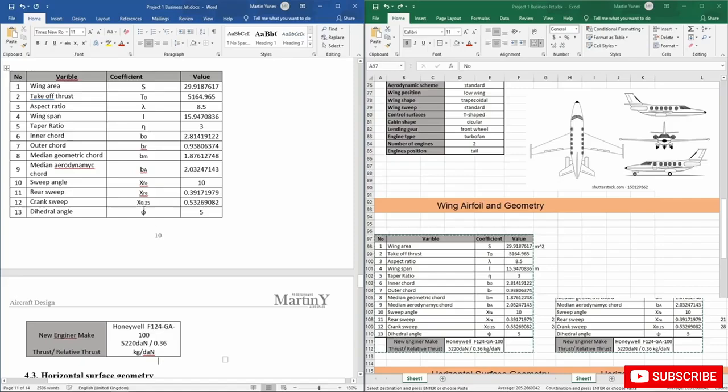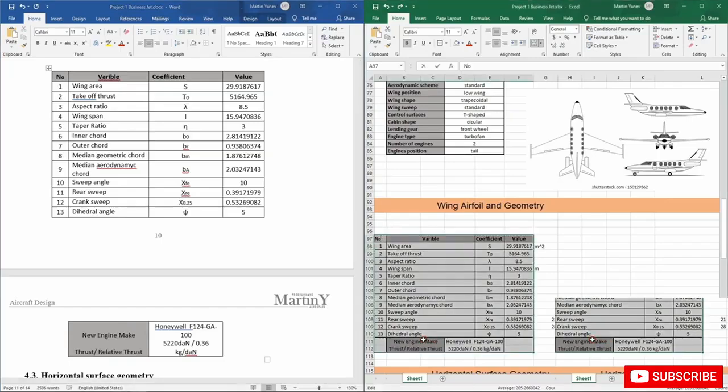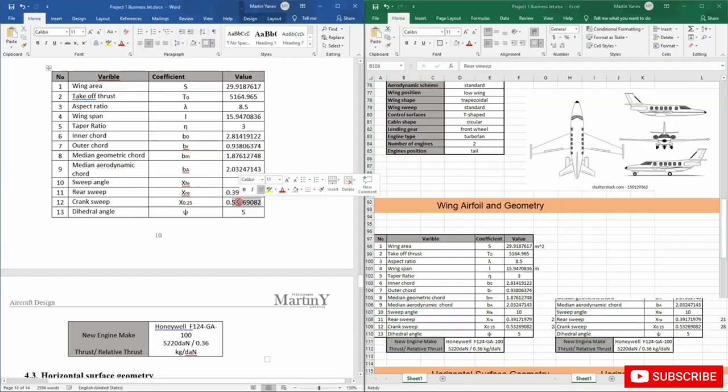Let's place it in the middle. And I have some typos here. I will try to correct them before uploading this. The only difference here, I will just change the values of the crank and the sweep angle to the values in degrees. So it's 28, and this one will be 21. And I will just write here that all the values are in degrees.